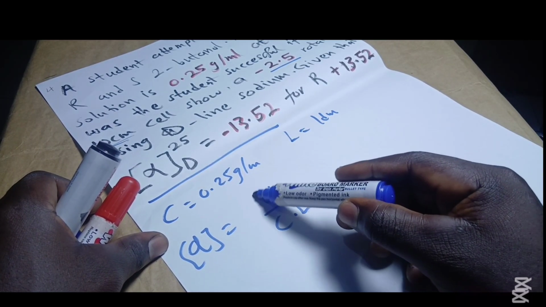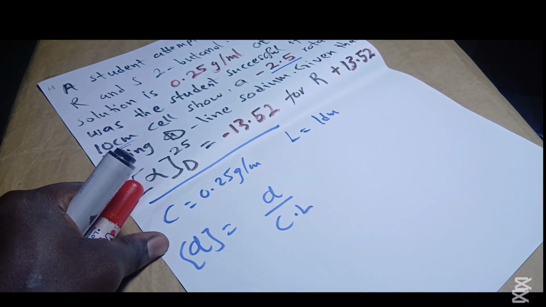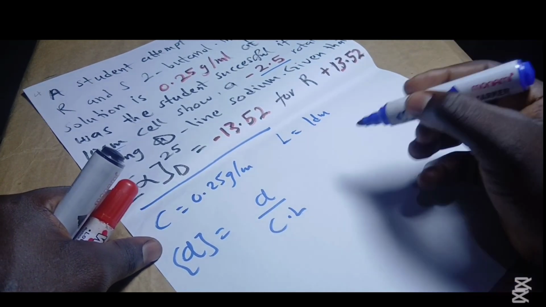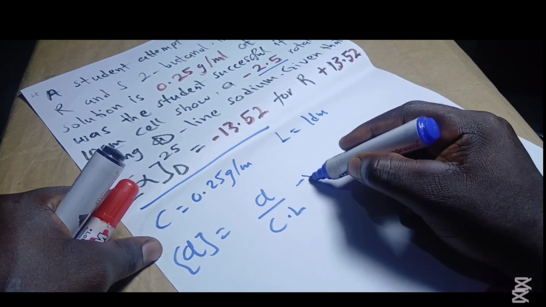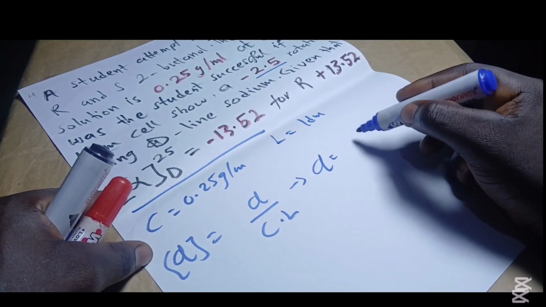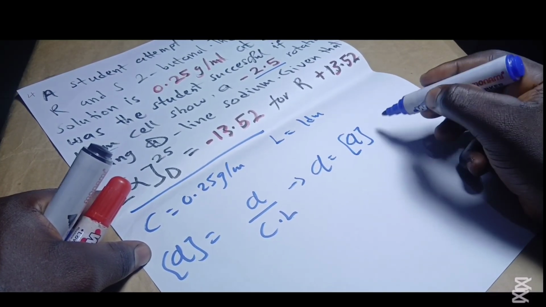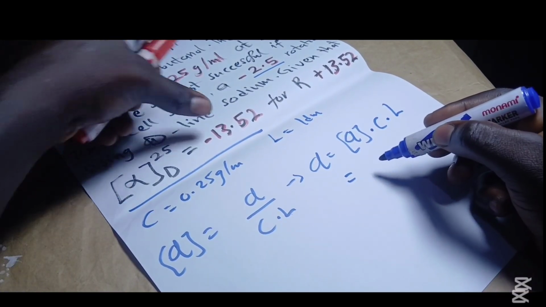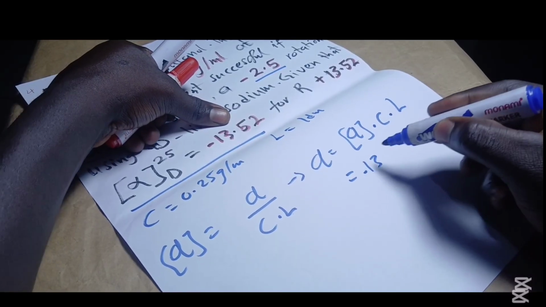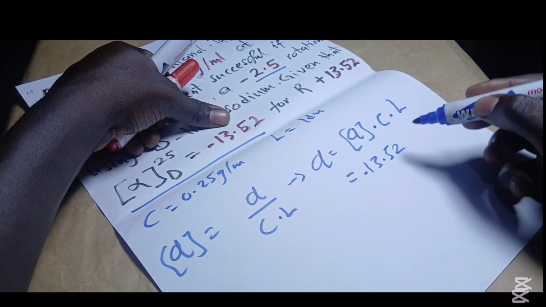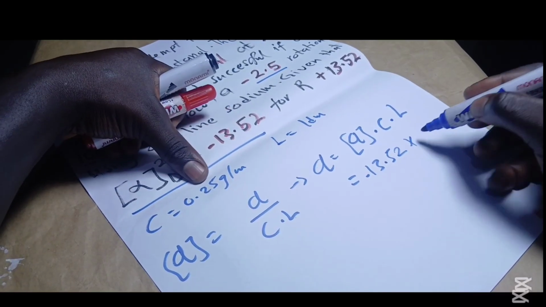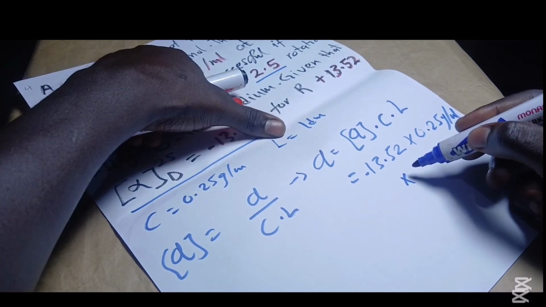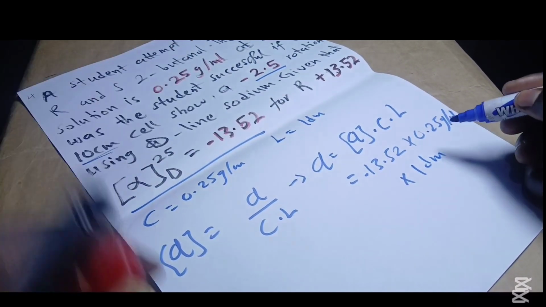What we are going to do is calculate the observed rotation and compare it to the observed rotation that the student had to see whether he was right. So making observed rotation the subject gives us specific rotation multiplied by concentration multiplied by path length, which is going to give us minus 13.52 multiplied by concentration, which is 0.25 gram per ml, multiplied by 1 dm, 1 decimeter.